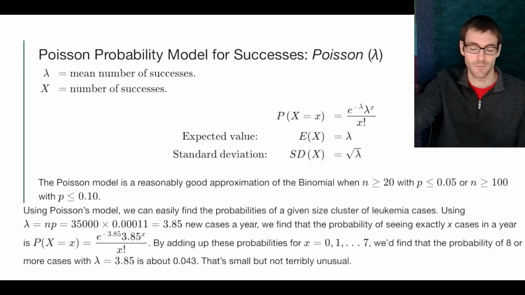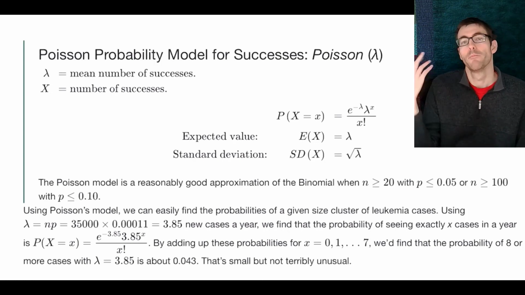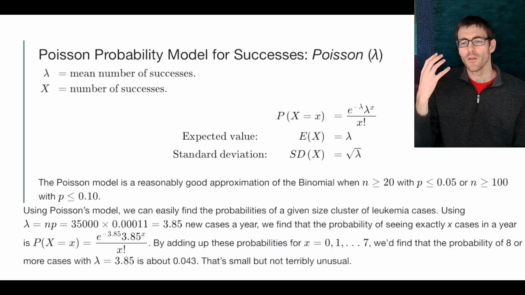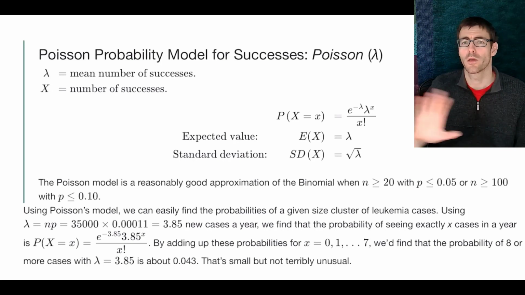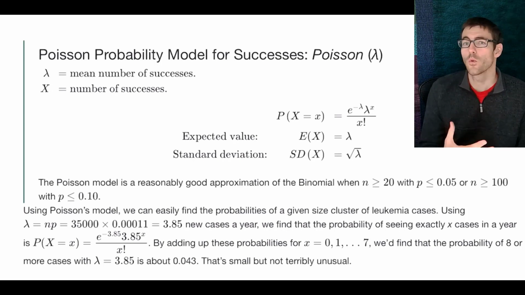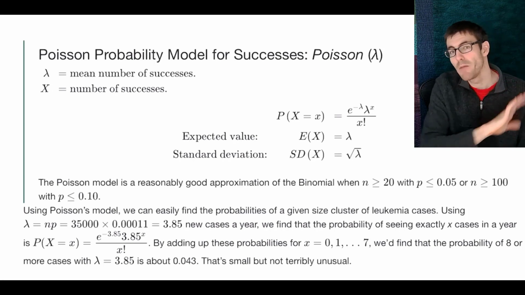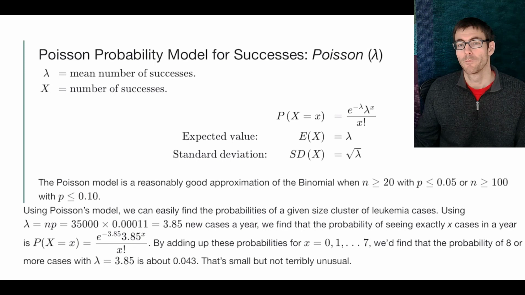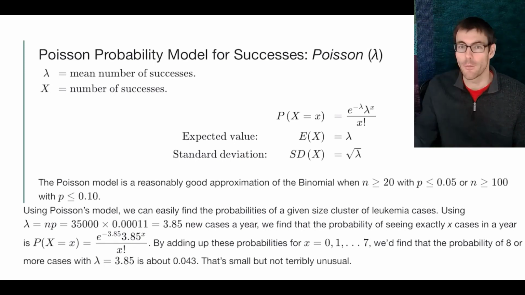Namely, we have this exponential. Let's not get bogged down in the details of that, but the point is just that the difference that a Poisson distribution makes is that rather than working with a success or failure, we're just working with counts. This only works if the number of instances is much, much lower than the population. So we're talking about a handful of leukemia cases out of a population of 1 million.